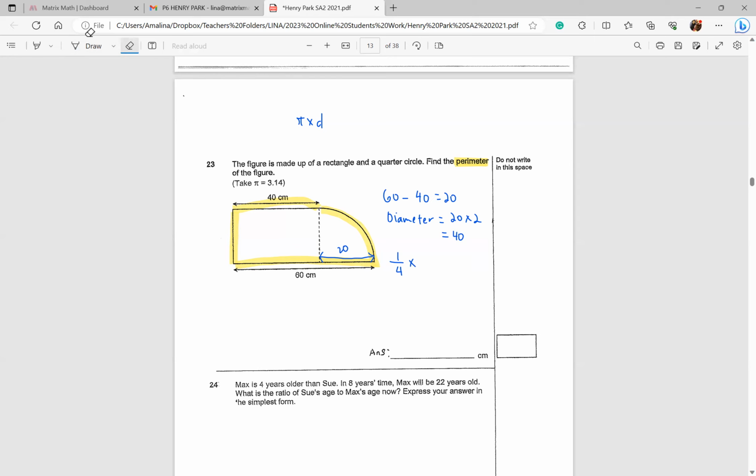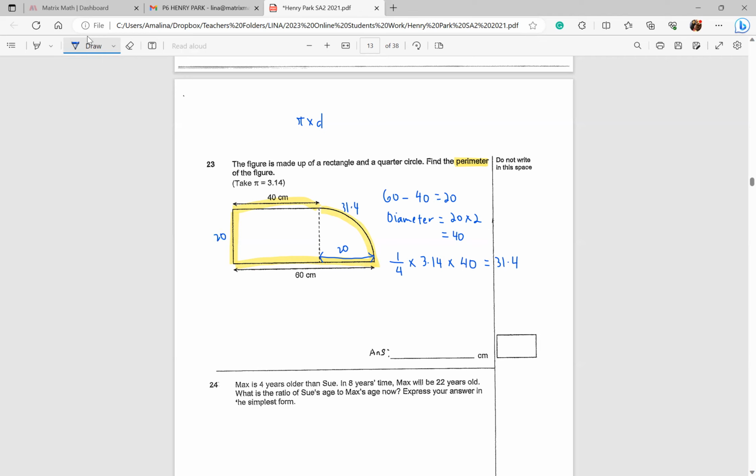So 1/4 times by 3.14 times by 40. That will give us 31.4. Okay, so this is 31.4. This is 40. Now, what's the breadth of the rectangle? The breadth follows the radius of this quarter circle. So it's also 20 cm here.